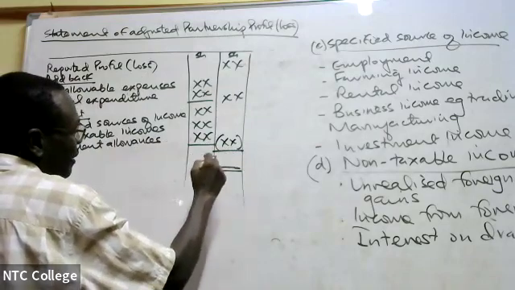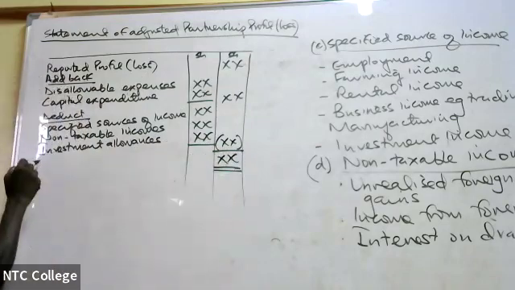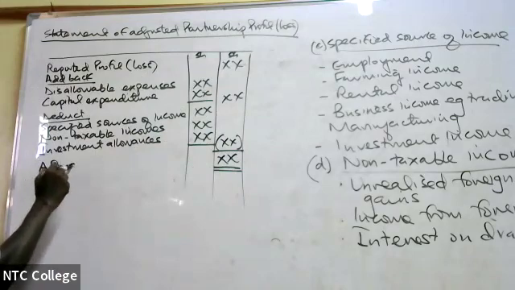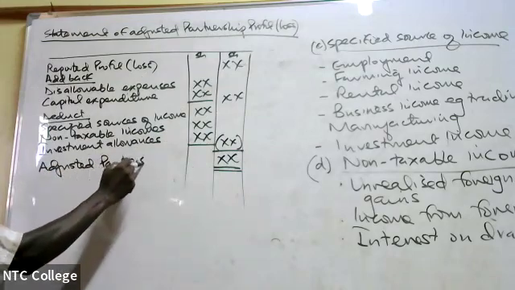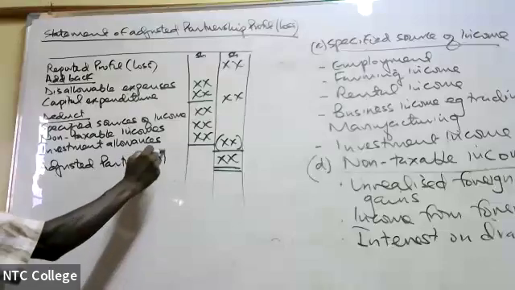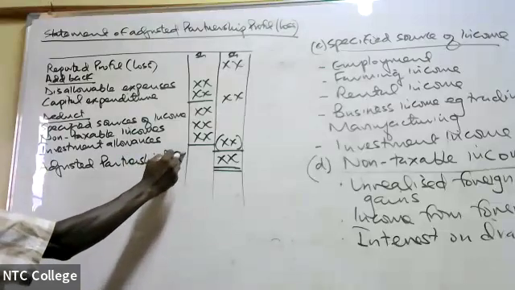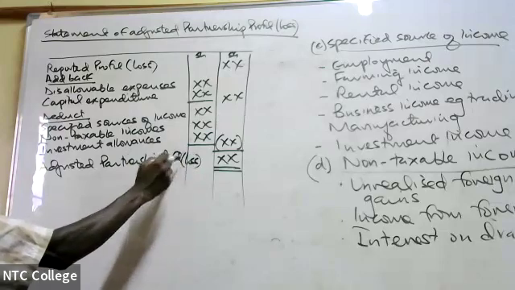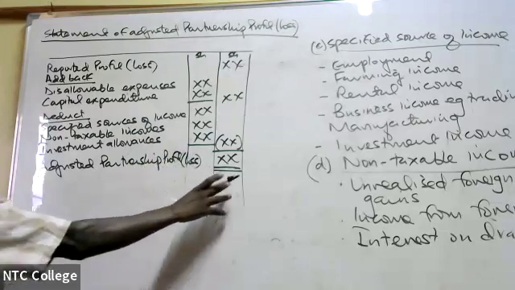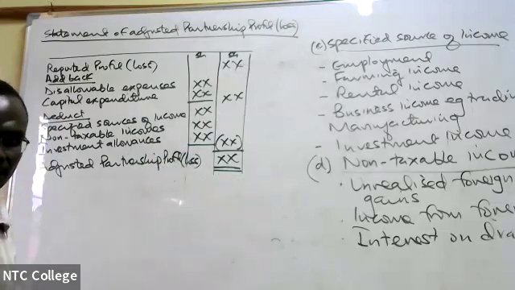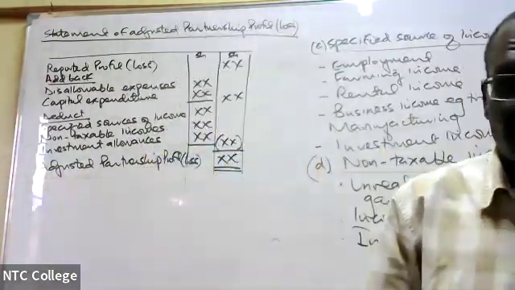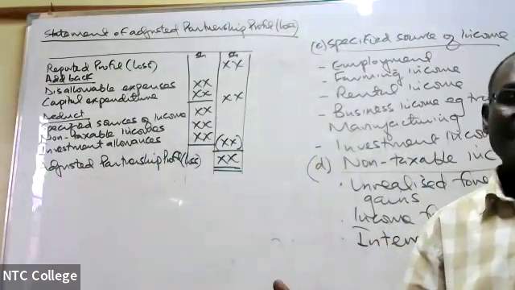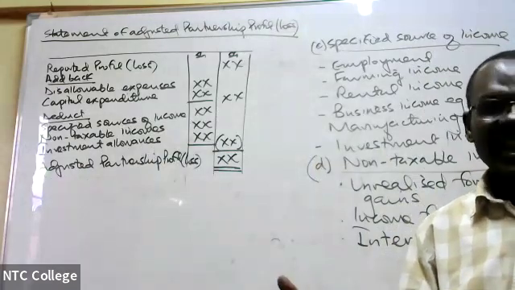What you get here is what you call adjusted. It could be a profit or a loss. Now, this is the profit or loss for tax purposes, but we are not there yet.